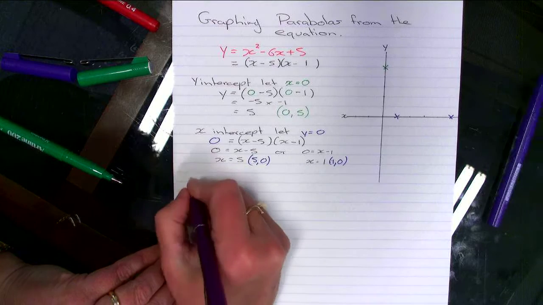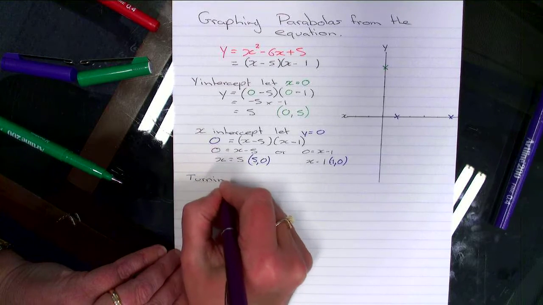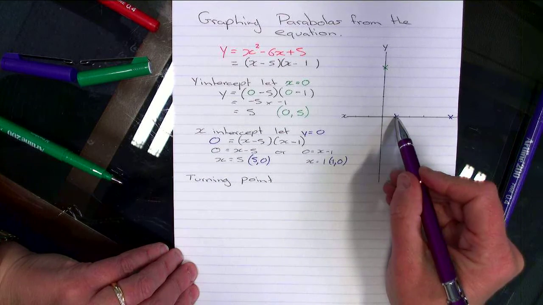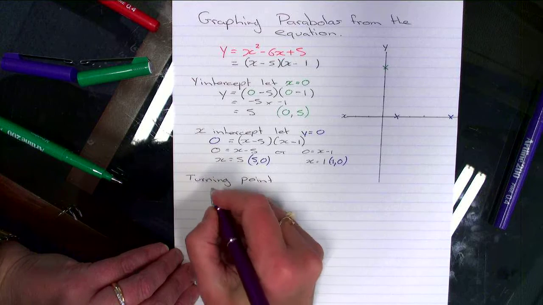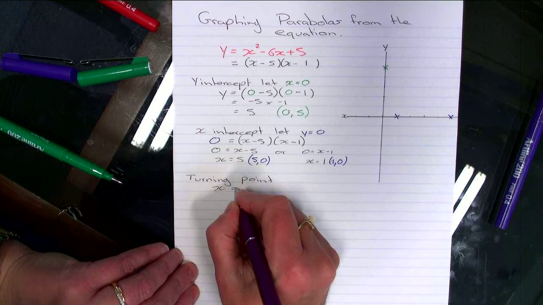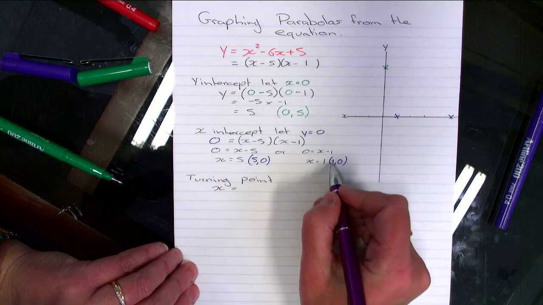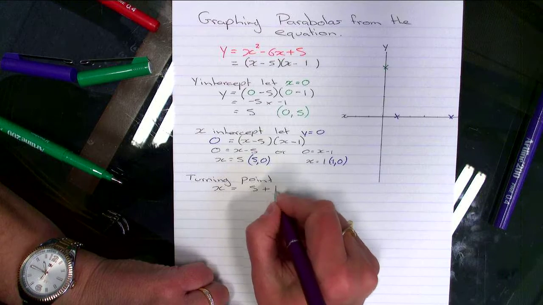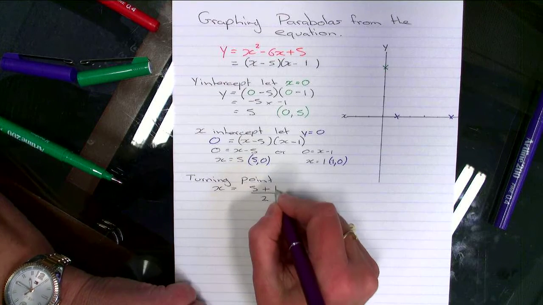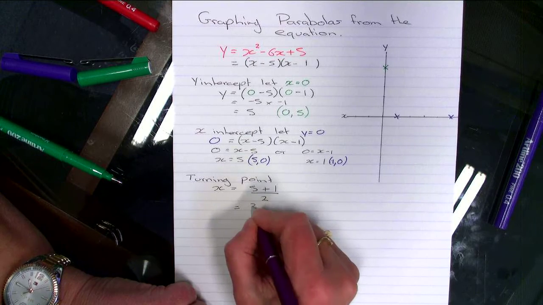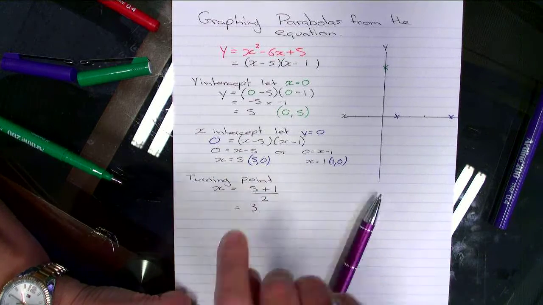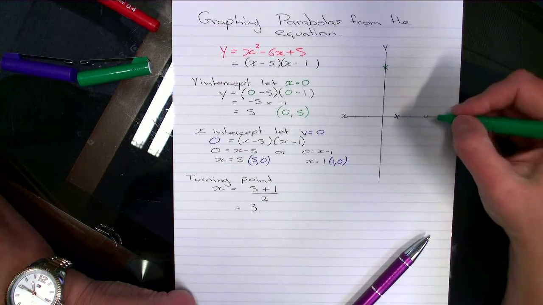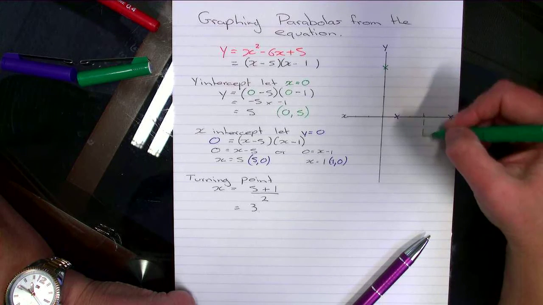So to find the x point, x is going to be equal to these two numbers, our two x coordinates, 5 plus 1 divided by 2. 5 plus 1 is 6, divided by 2 is 3. So the x-coordinate of our turning point is going to be 3. So it's going to be somewhere in this plane here.